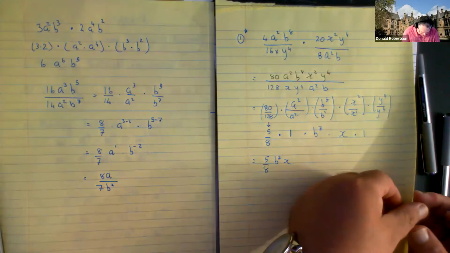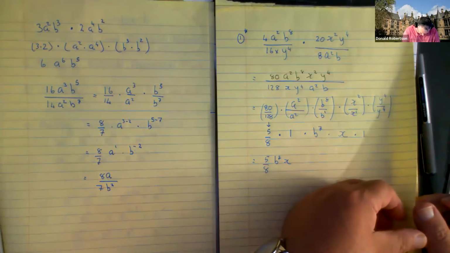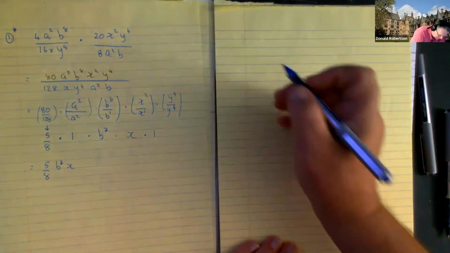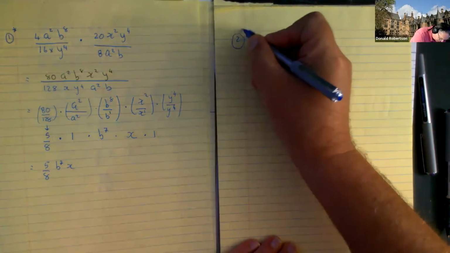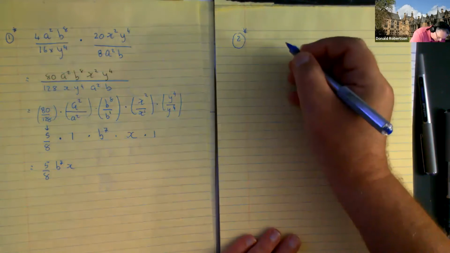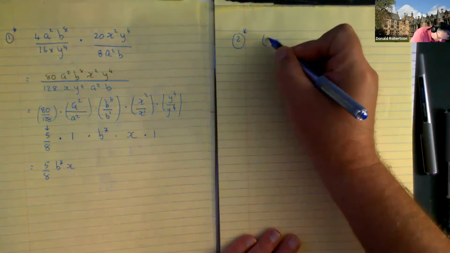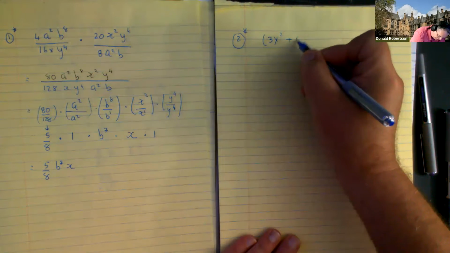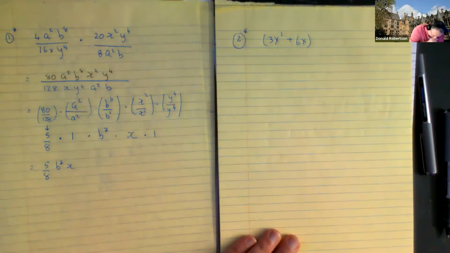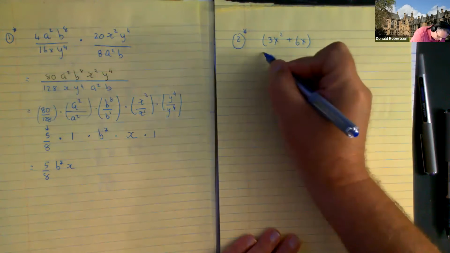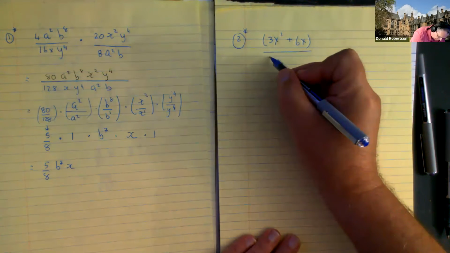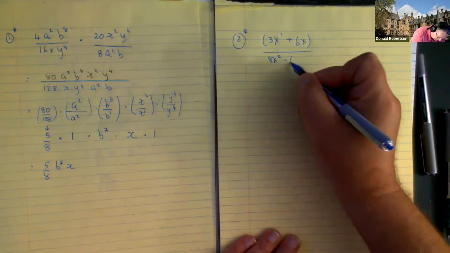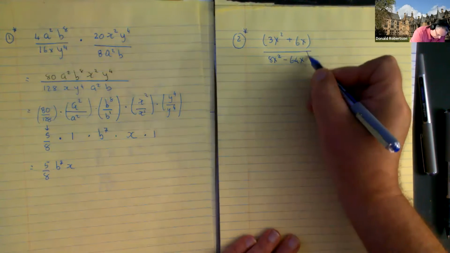Let's look at another question where we have an extra step. So this is a version of question 2. So we're going to have 3x squared plus 6x, and on the bottom, we're going to have 8x squared take away 64x.